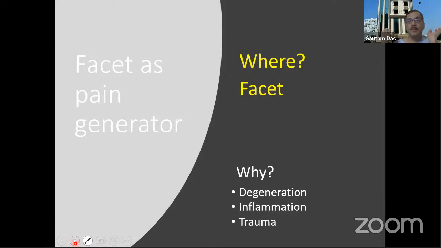By extension. The facet joint has another very important function, which is rotation, and lateral bending. Here the facet joint is the pivot. So in these three movements, extension, lateral bending and rotation, the facet joint is the pivot, and in these three movements the facet joints are loaded.